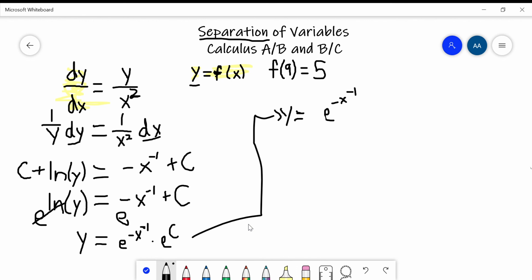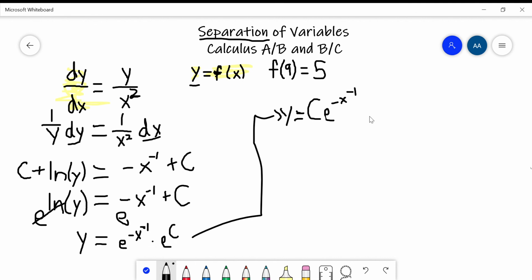It's an irrational number, but it is a constant. So a constant to the power of a constant is a constant. So we could just label this as one big C, which we can put in front here. Sorry, let me erase this C that I put right here. And this is what we have.